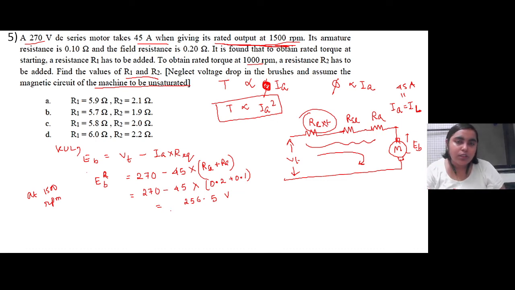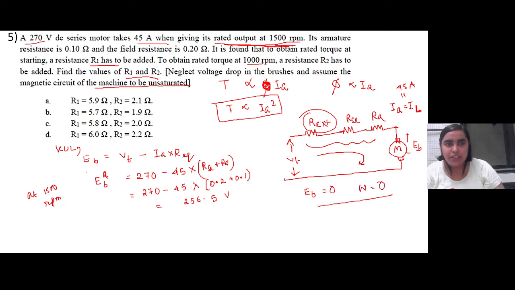Now let us calculate one by one. At the start, when the resistance is R1, the motor is at rest, just about to be started. There is no back EMF generated because the motor has not started yet, and omega is equal to 0, right?